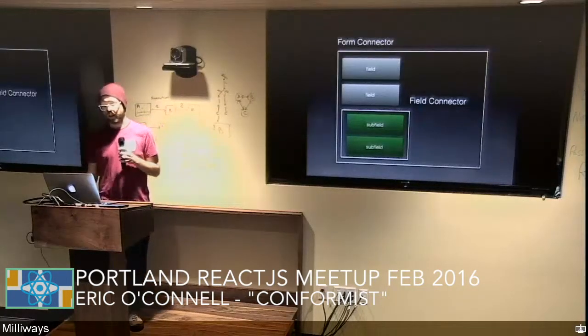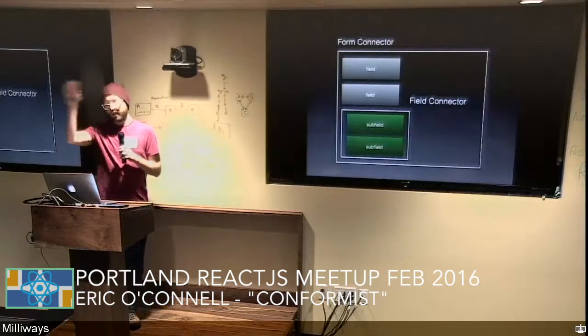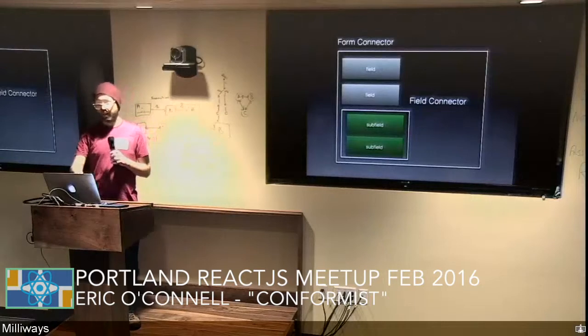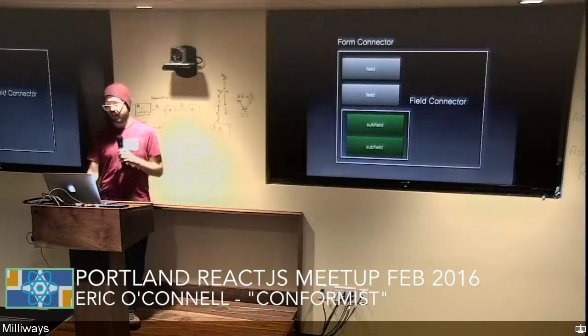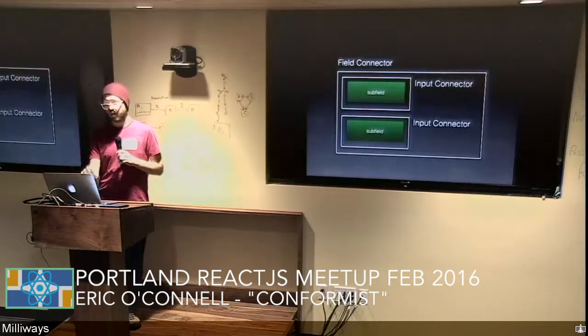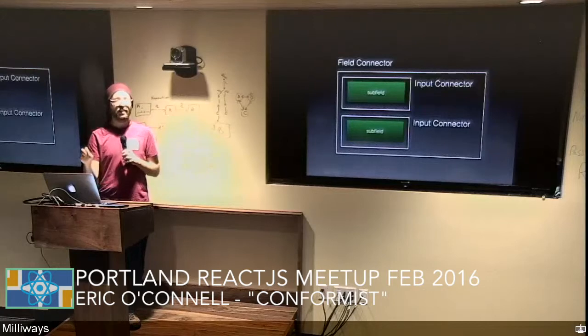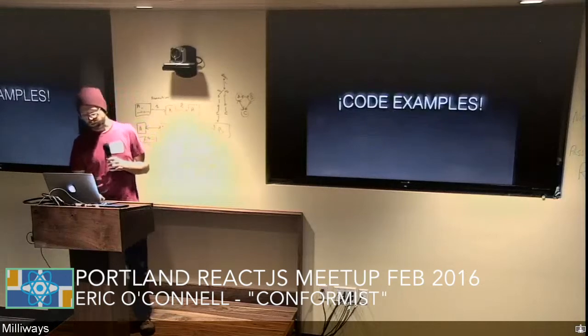So here's a crummy diagram that I put together where there's a form connector around the whole schema, and then field connectors around these ones, showing a nested schema, and inside of that you can see an input connector around each subfield, and that's the thing that's going to actually hook up to the UI component. So without further ado, let's show some examples.